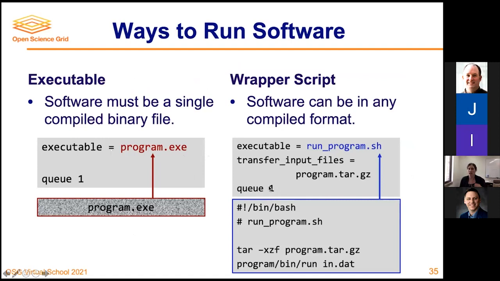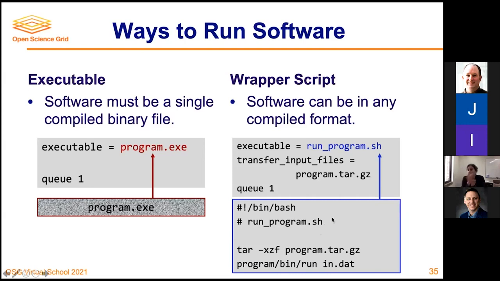One option, if you have an interpreter or a whole folder structure, or you just want to do more things in your job besides run the single binary, is to use a wrapper script, shown here. This is typically written in a shell language like Bash, where you can perform some setup steps for your software.